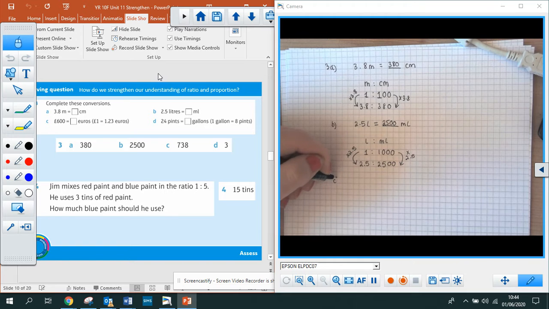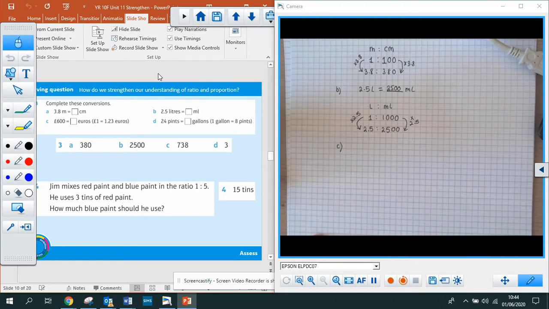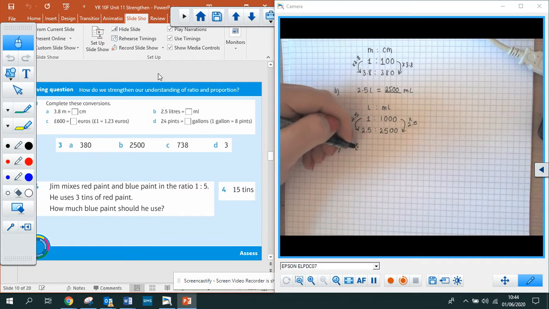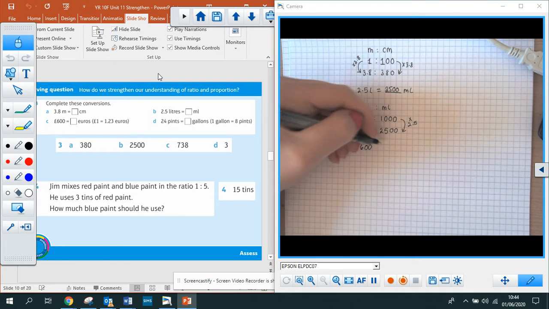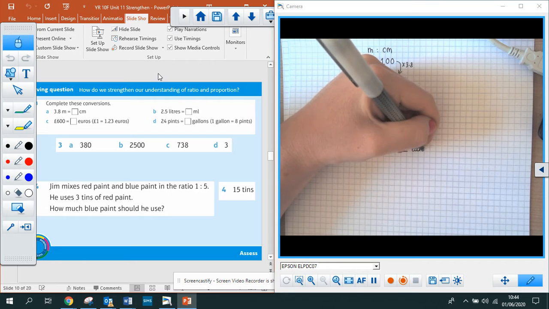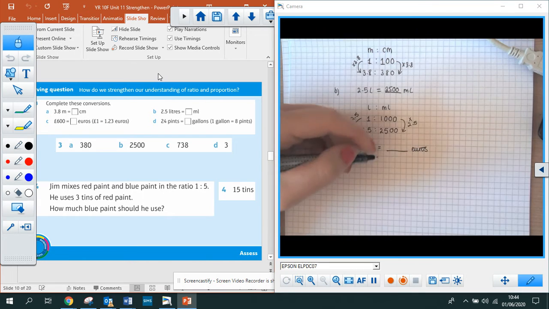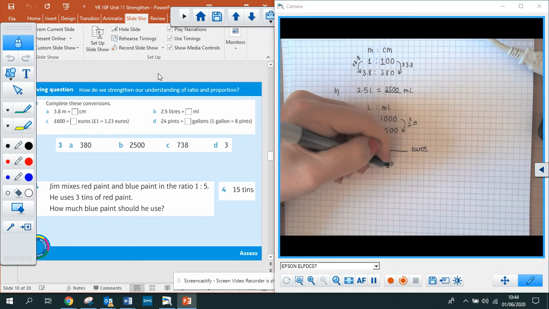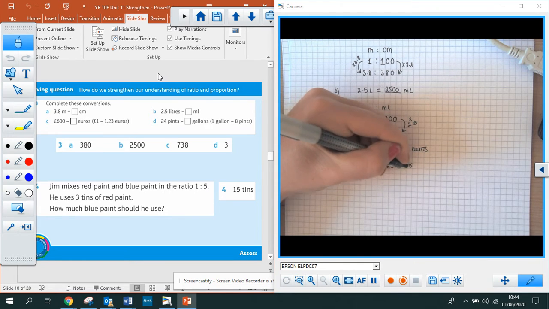Part C. We have been given £600, and what is that equivalent to in euros? Okay, and they've given us a conversion rate of £1 is equal to 1.23 euros. So that's our ratio. The conversion that they've given us is that £1 is 1.23 euros.